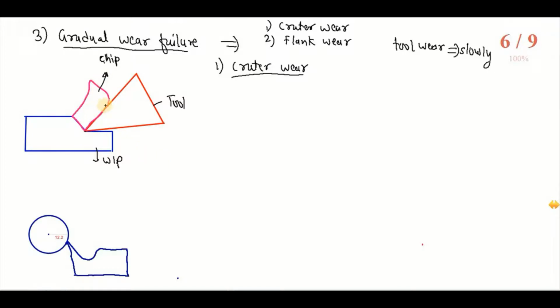The chips flow along the rake face, which is the face of the tool, and along with the microchips generated and the high temperature, the face of the tool wears out and we get this shallow spherical depression.